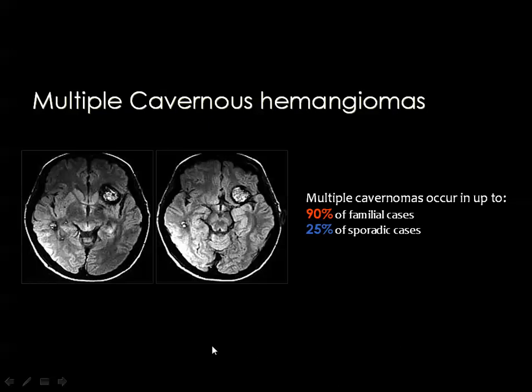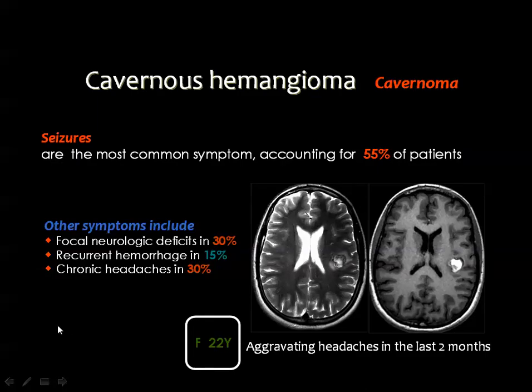And here you can see this is a sizable cavernoma in the left frontal lobe, and this is the smaller one in the right temporal lobe, and you can see two very minute lesions nearby. These are multiple cavernomas. Then what are the clinical symptoms of these cavernomas?